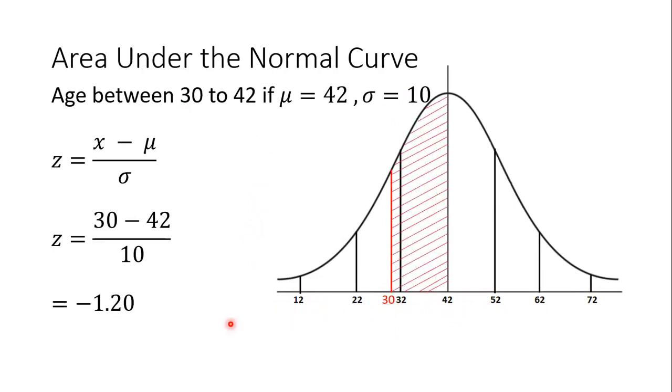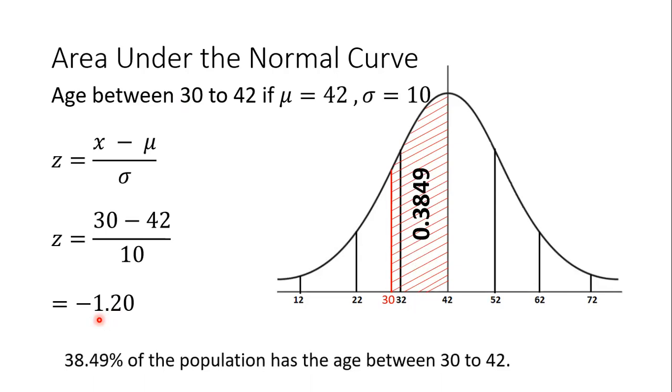By looking at the area corresponding to the Z-score 1.20, it is now equal to 0.3849. Meaning, 38.49% of the population has the age between 30 to 42 years old. So that is how we apply the concept of area under the normal curve in probabilities.